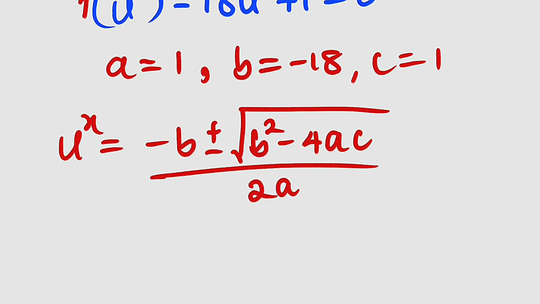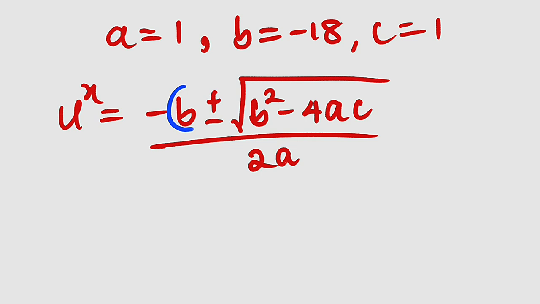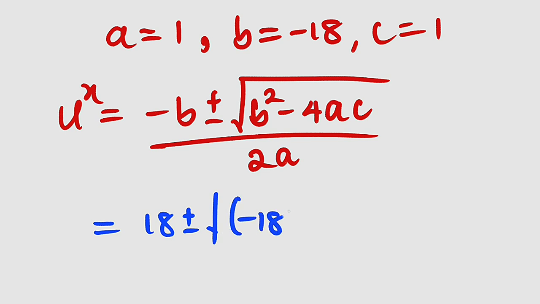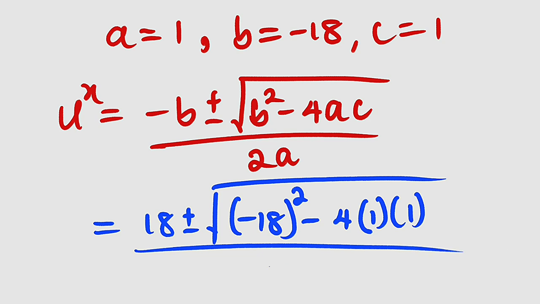Let's substitute. b is −18. With this negative sign, we have positive 18. So this is 18 ± the square root of (−18)², that is b², then minus 4 multiplied by a, which is 1, c is also 1, divided by 2 multiplied by 1.